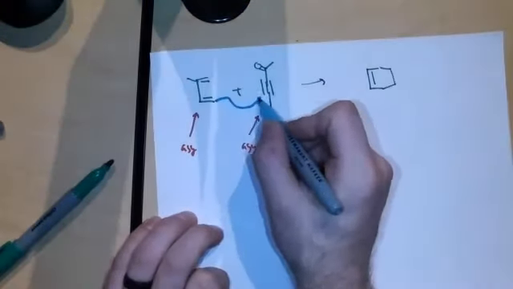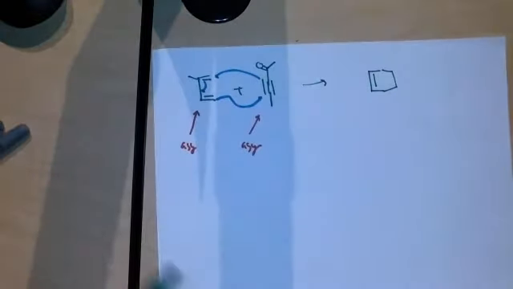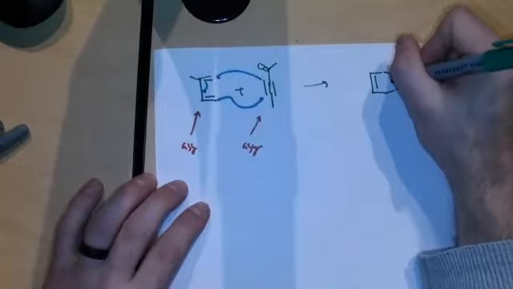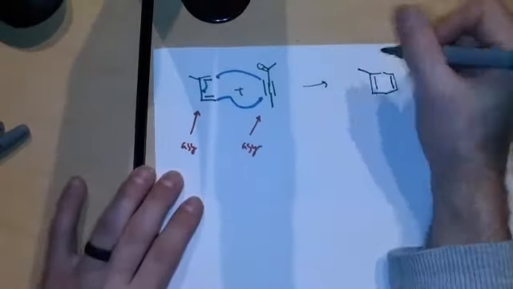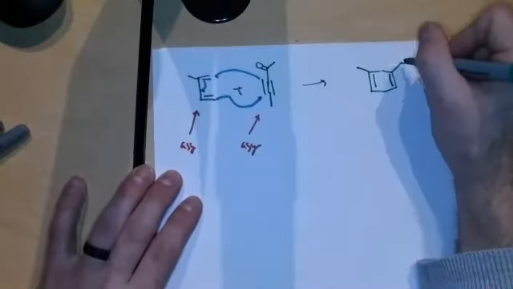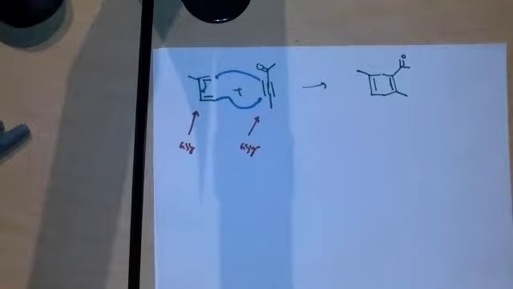We're only interacting with one of the two double bonds, so we should still have another double bond on the other side. Methyl group here, drawing in ketone and methyl here.